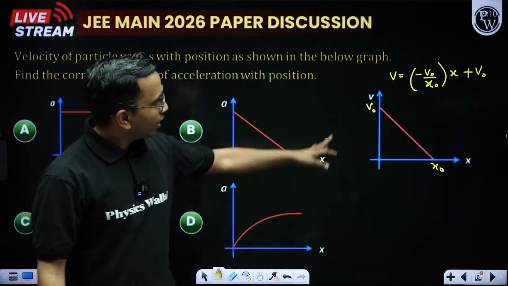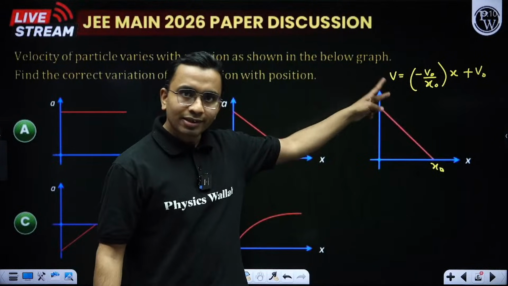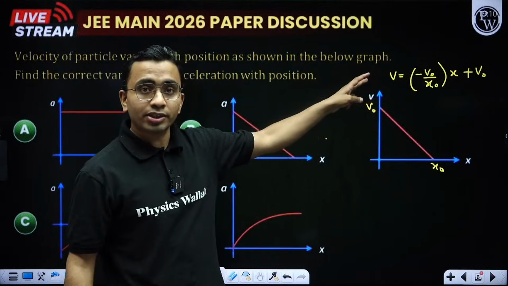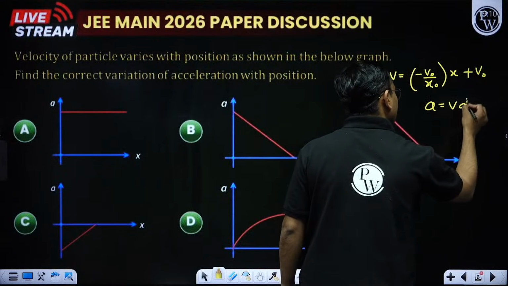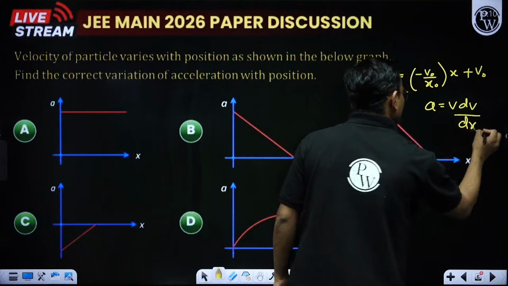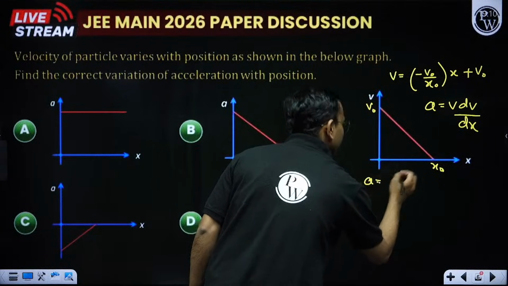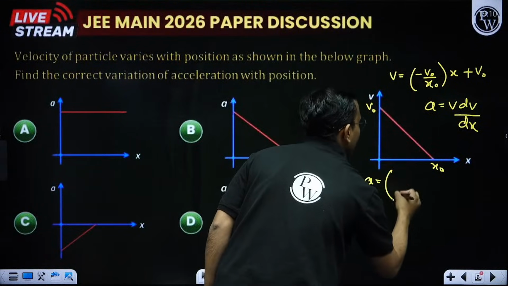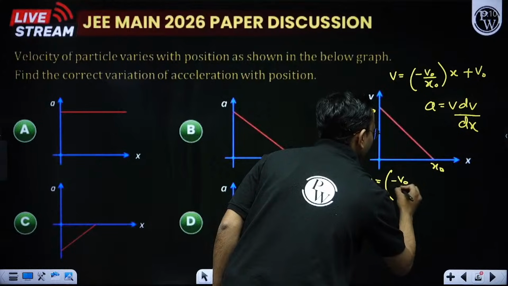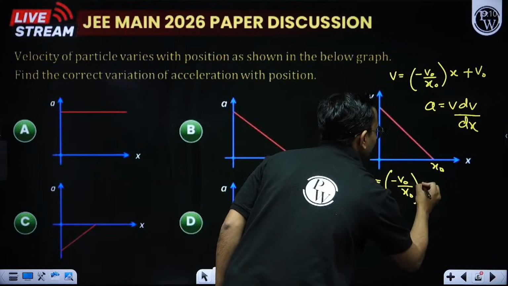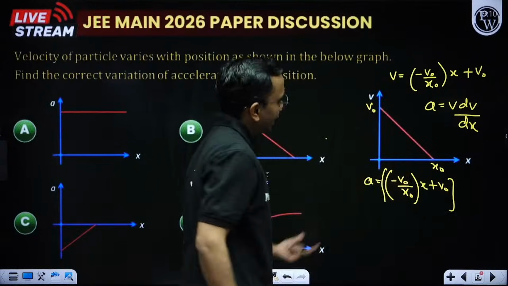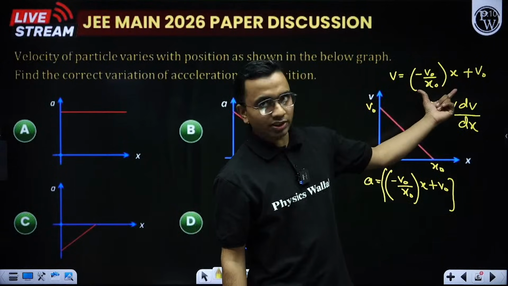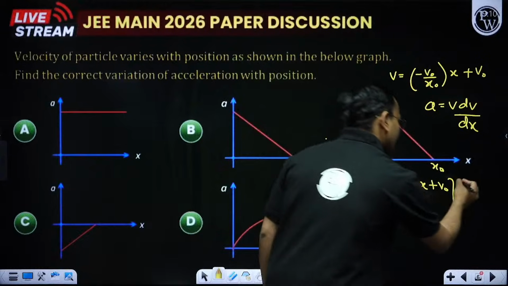Now, Vx relation I know, I need to find acceleration. How to relate? a = V dV/dx. So if I write acceleration, a = V, that is minus V naught by X naught, this is V, dV/dx. If you differentiate it with respect to x, only minus V naught by X naught will come.